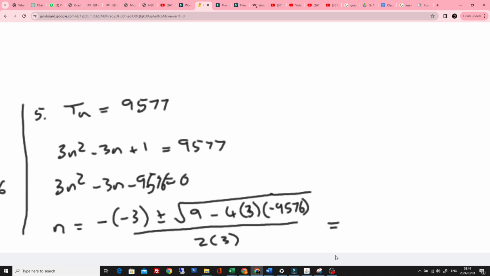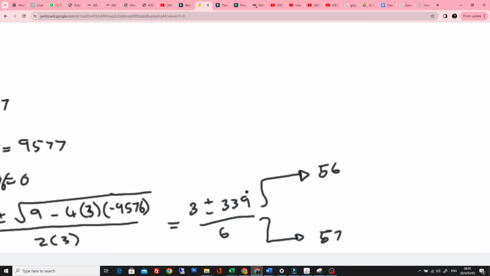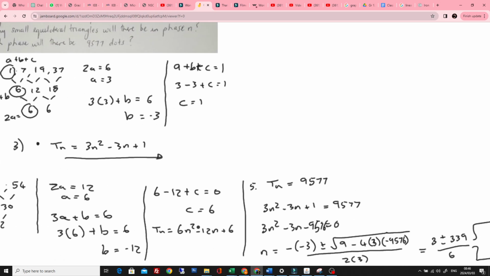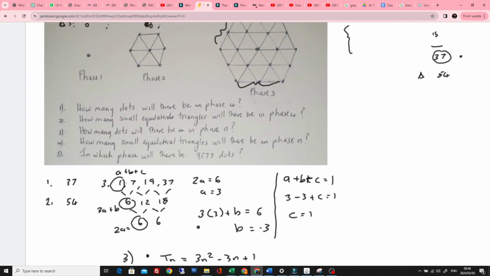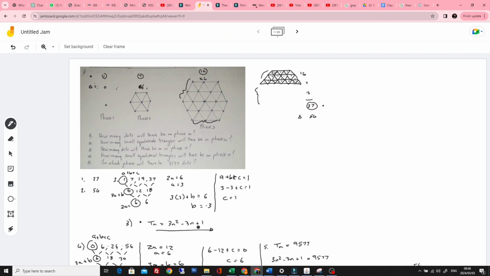Okay, so after plugging this in, we can see this would be square root of 339, so then I'd get two answers, the positive and the negative one, so it's just 56 and 57 is the two terms where this could be the case for this sequence. Okay, so that's for the amount of dots, and that's all the questions for this first bit.